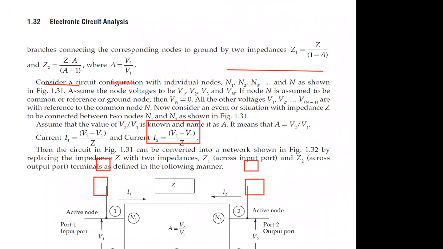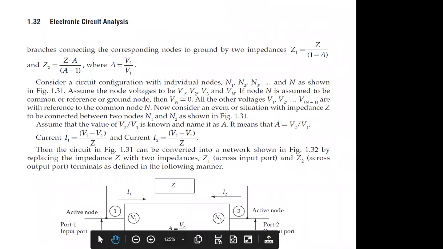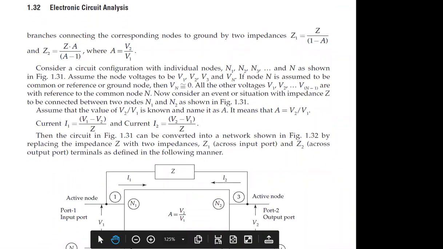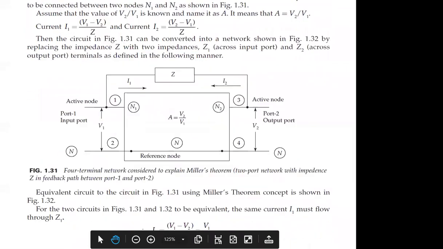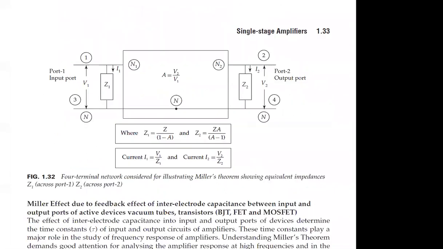Z1 is given as Z by 1 minus A, and Z2 is given as Z into A by A minus 1, where A is the ratio of output voltage by input voltage. Now we can verify this circuit, which is redrawn with two different nodes, where Z is replaced by Z1 and Z2.